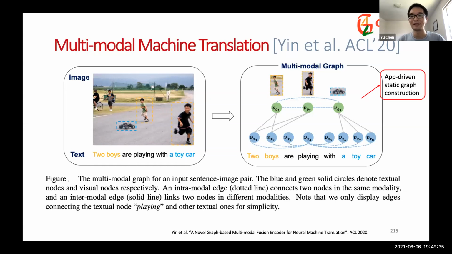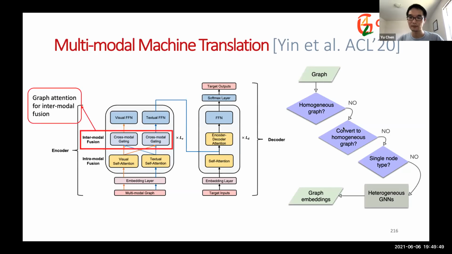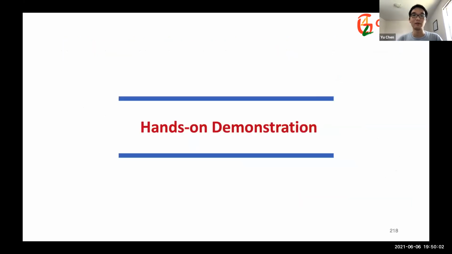But for the visual nodes or linguistic nodes only, they just fully connected them. Because this is a heterogeneous GNN, they also apply a heterogeneous GNN to encode the multimodal graph. Yeah, so that's my part.